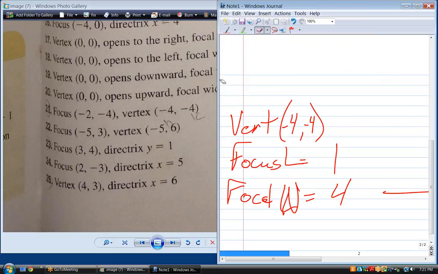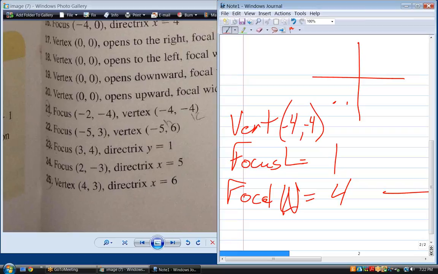So, first of all, let's draw a little picture of this. My vertex is right there, right? -4, -4. Yeah. My focus is -2, -4. Right there. What kind of a parabola am I looking at?